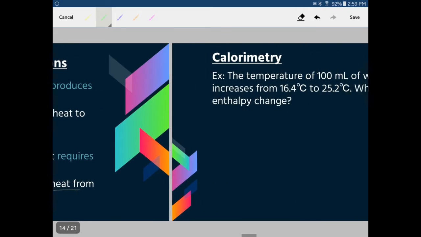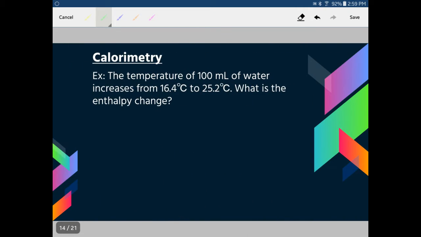Okay, so let's talk about another calorimetry question and what this means for enthalpy change. What we have here says the temperature of 100 milliliters of water increases from 16.4 to 25.2. What's the enthalpy change?